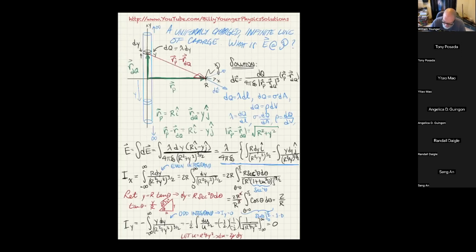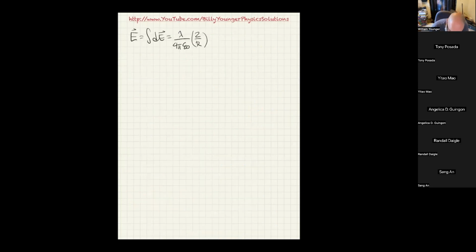Okay, so E, which we said was the integral of dE, has now become lambda over 4 pi epsilon naught times 2 over r. Notice the lambda over 4 pi epsilon naught was already there, and all I need now is the i hat vector.